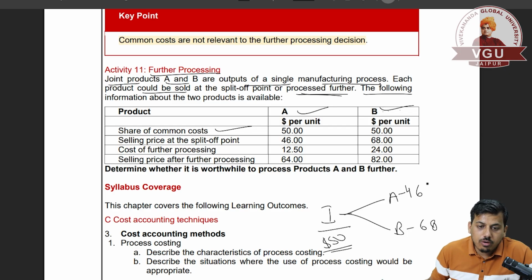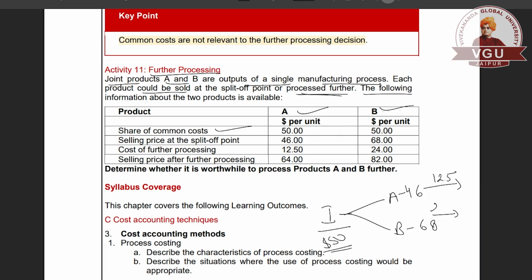If we want to do further processing, the further processing cost for A is 12.5 and for B is 24. Now we are making A1 and B1. A1 can be sold at 64 and B1 can be sold at $82 per unit.